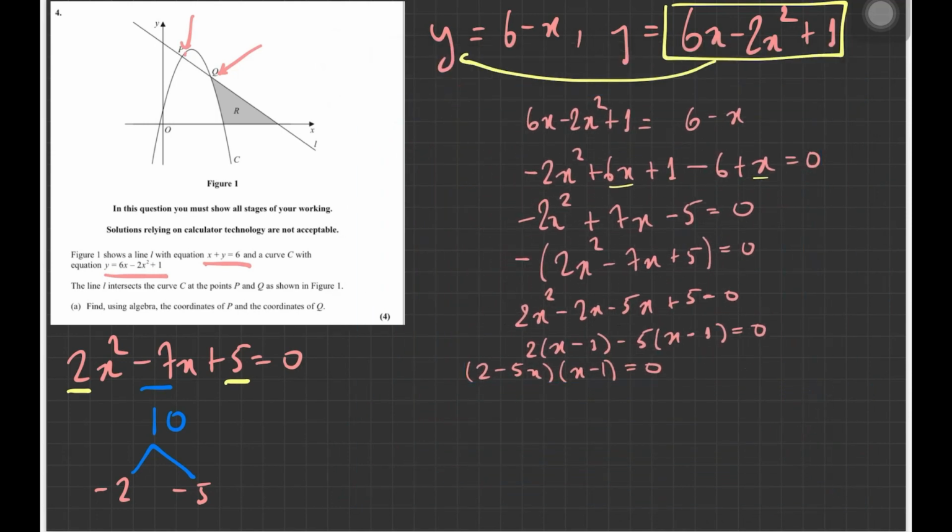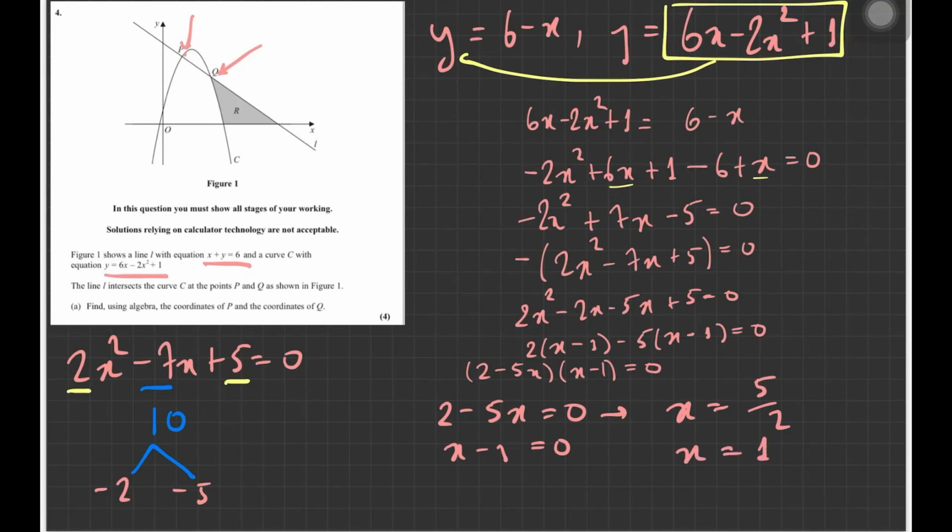Okay, and now let's look at this. So now we have 2x minus 5 multiplied by x minus 1 equals 0. So that means that we have 2x minus 5 is equal to 0 and x minus 1 is equal to 0. So this is going to give me x is equal to 5 over 2, and this one is going to give me x is equal to 1.